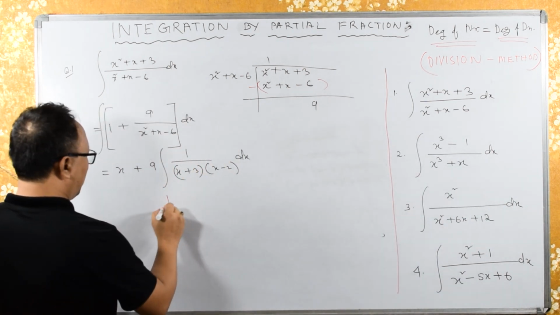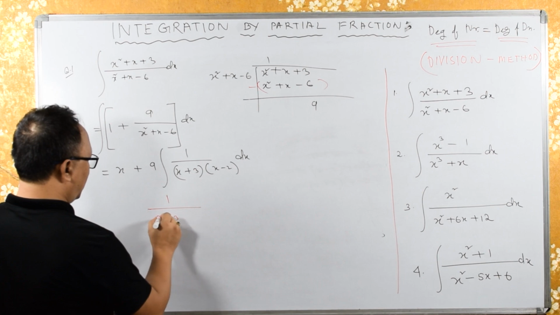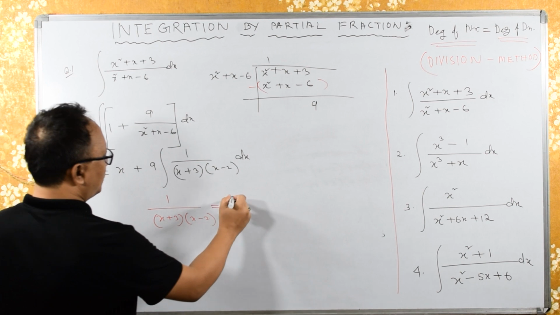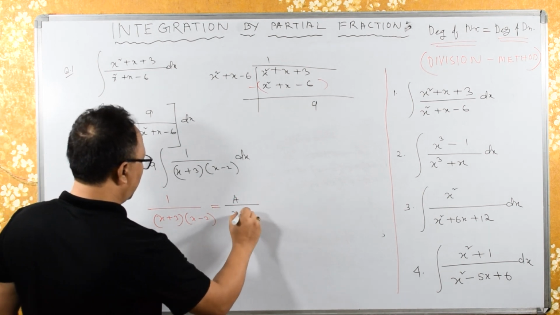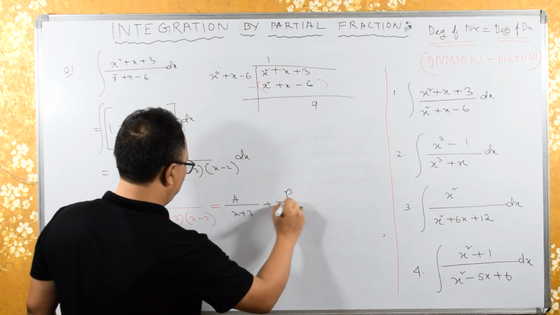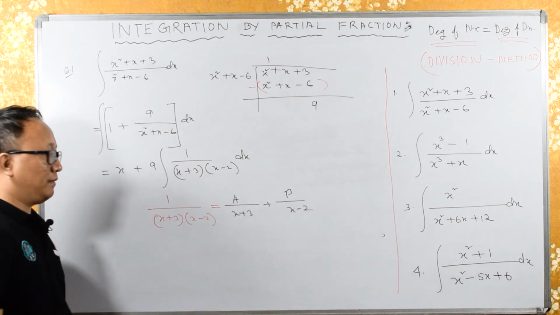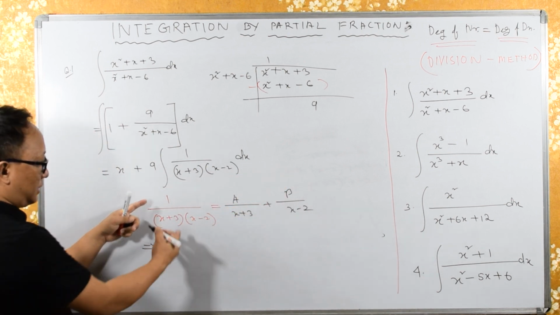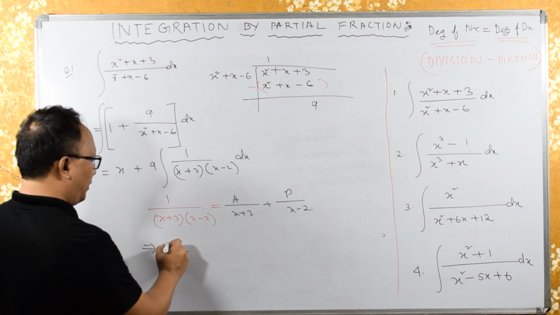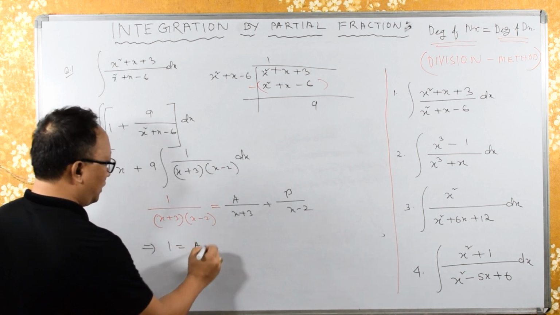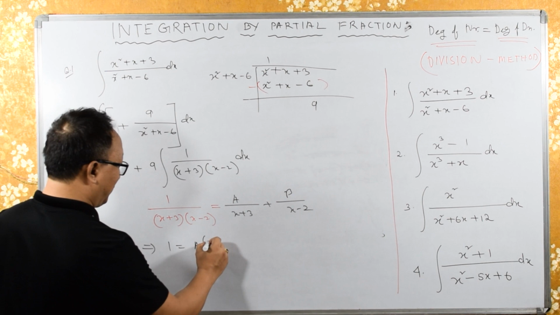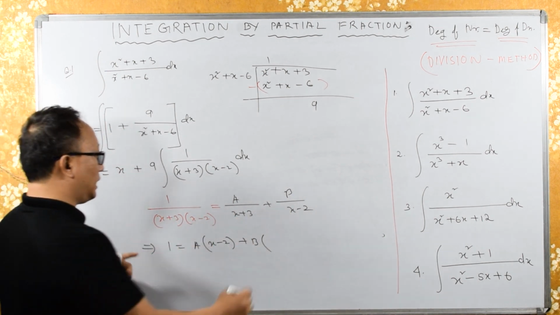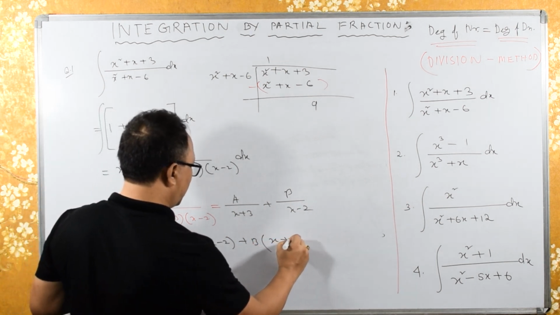So 1 upon x plus 3 times x minus 2 is equal to, let's use some constants, a upon x plus 3 plus b upon x minus 2. Now multiplying on both sides, the denominators get cancelled. We have 1 equals a into x minus 2 plus b into x plus 3.